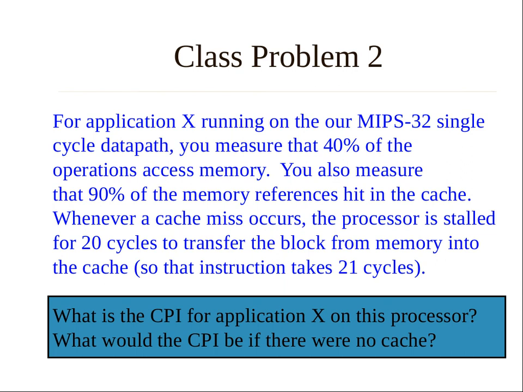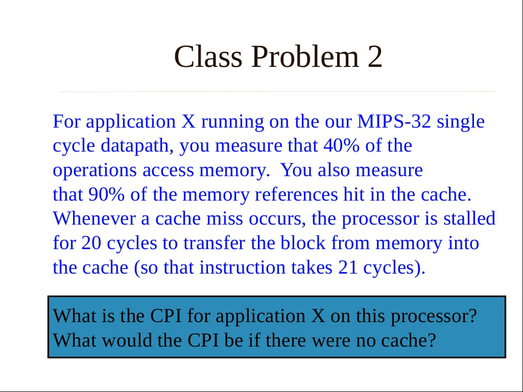What would be the CPI if there was no cache? Well, 0.6 times 1 plus 0.4 times 21.